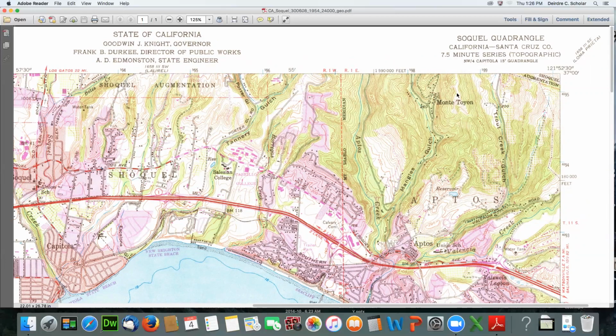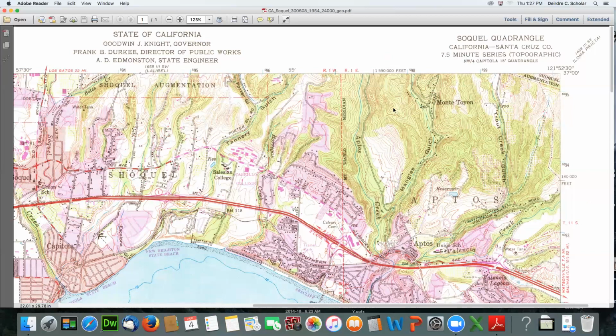Now, using our knowledge of index contours and the rule of 0s, if I were to choose this mountain peak and try to determine if this is the highest one right here, as opposed to Monte Toyon, I know that this index contour is 500 feet. The next index contour uphill is 600 feet, which happens to be the top of that mountain.